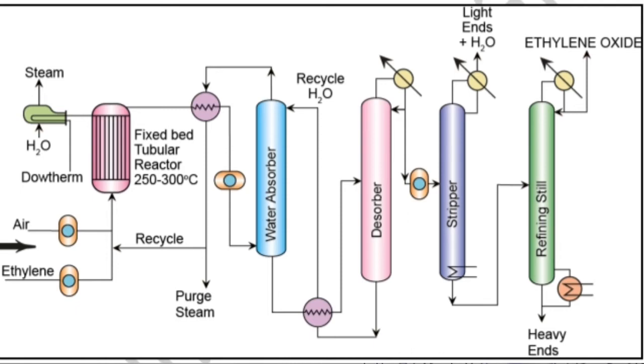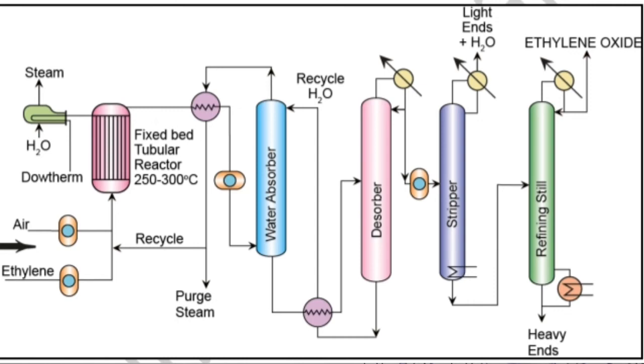Temperature is maintained around 250 to 300 degree Celsius. The reaction is highly exothermic, so it is carried out in a fixed bed tubular reactor in which heat transfer fluid is pumped around the tubes within the shell.